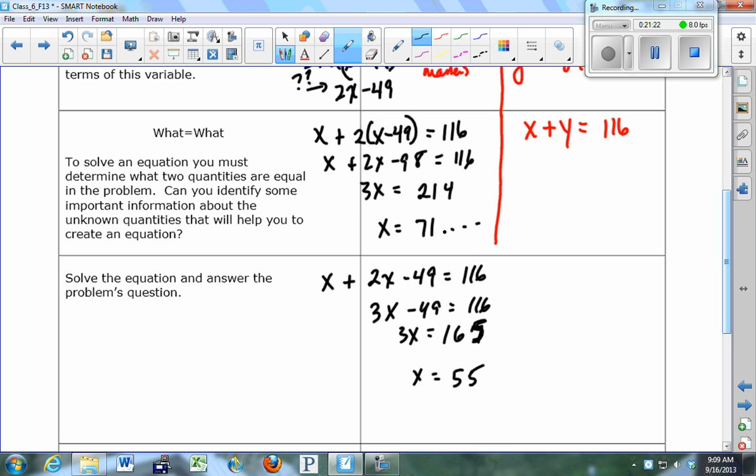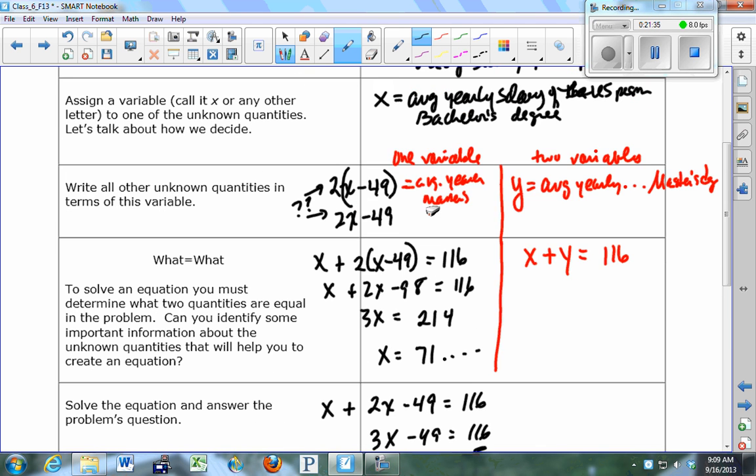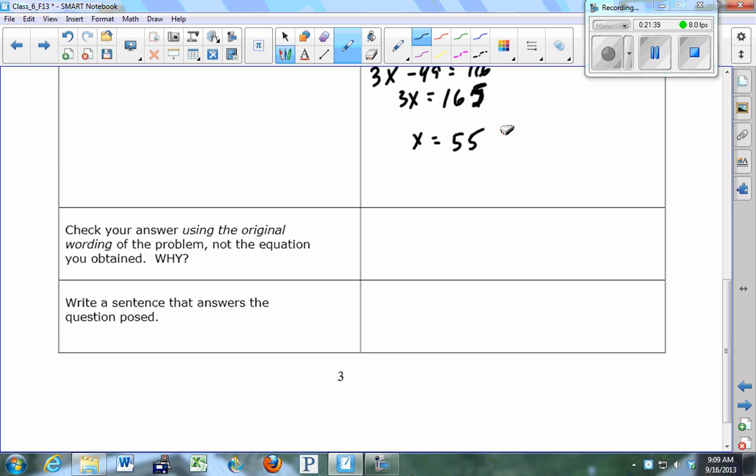So now we're saying that if you have a bachelor's degree, you earn, on average, 55,000. So how much would you earn if you had a master's? It says to subtract 49,000 from that and then double it. So let's see if that works. 55 minus 49 equals 6.